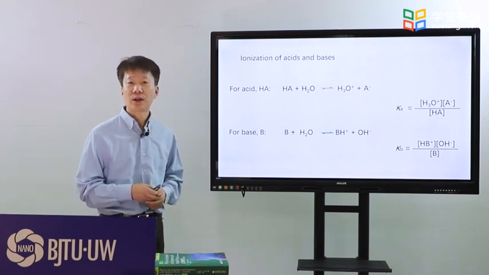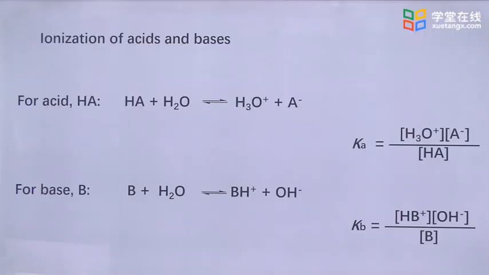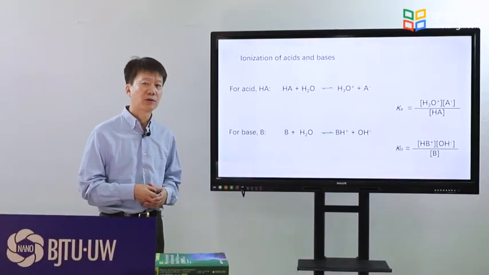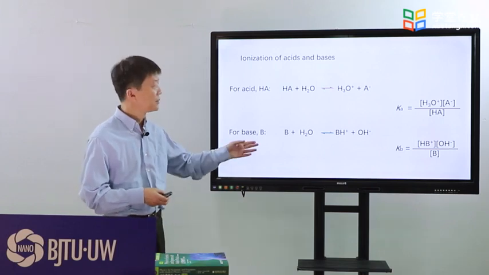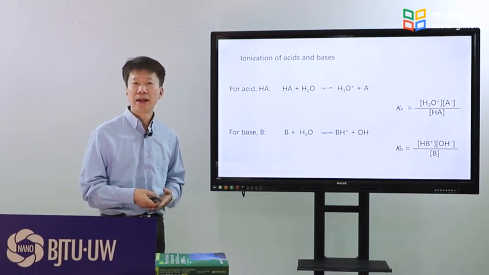A base also reacts with water, but it deprotonates the water molecule to generate BH+ and OH-. The equilibrium constant expressions for acid and base are presented on the right. K with subscript a or b indicates acid or base.